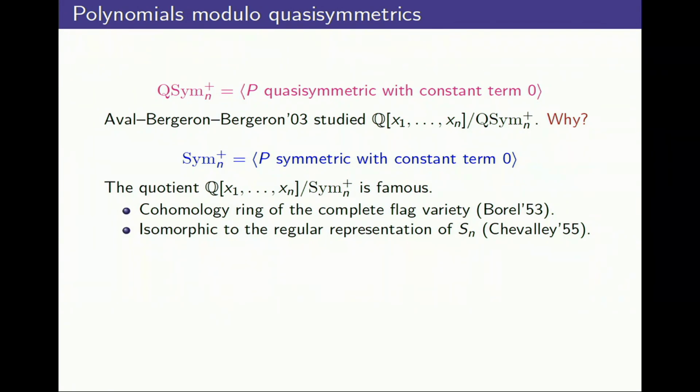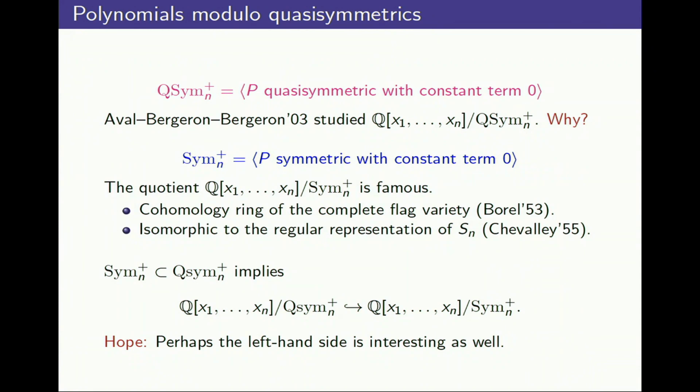And this quotient, the coinvariant space, well, here's at least 2 reasons to care about it. It's the cohomology ring of the complete flag variety, and if you're a representation theory-minded person, it's an n factorial dimensional vector space which carries a graded Sn representation, the regular representation, no less.